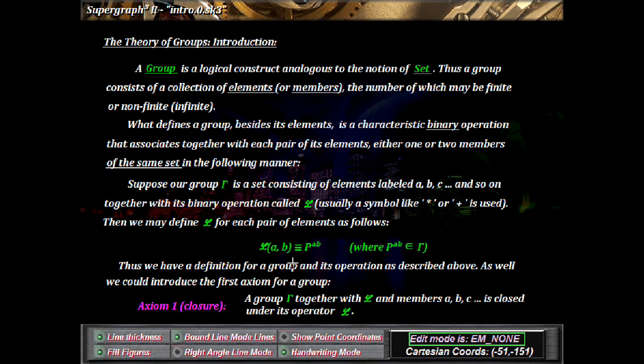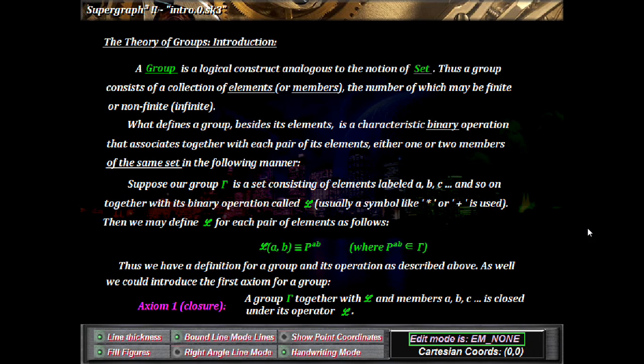A result, by definition, is given by this expression, which is an element of the same set, gamma. That's all. Now you could exhaustively go through every single pair that you can think of and assign to each pair an answer to this question: what is L of a, b?